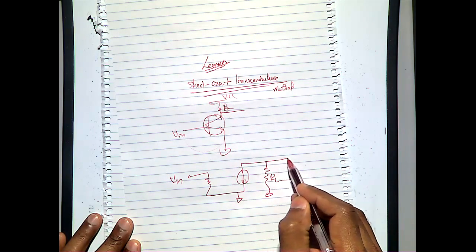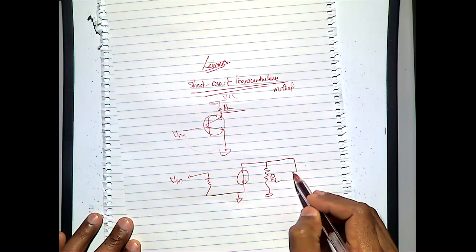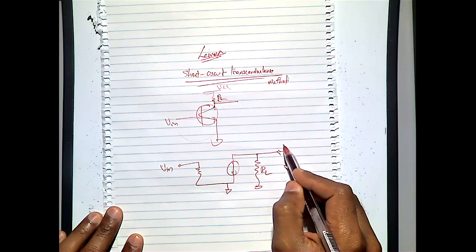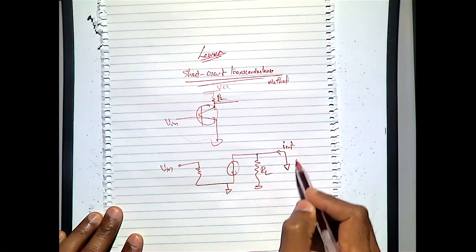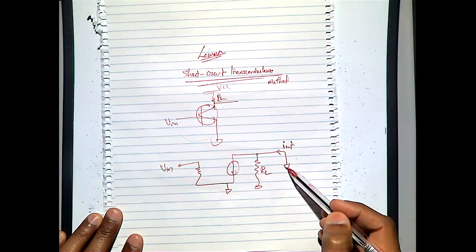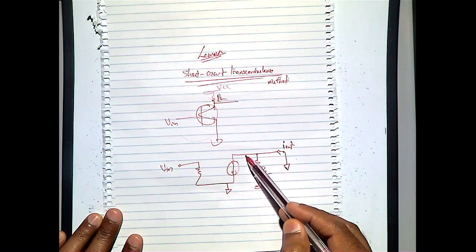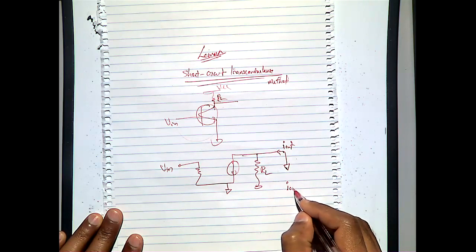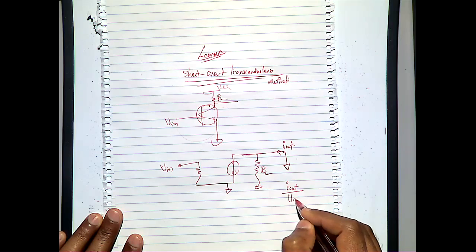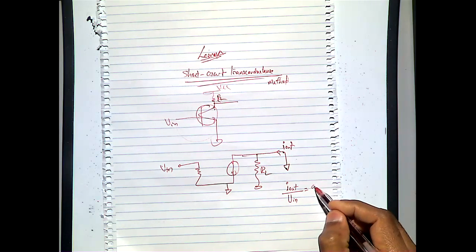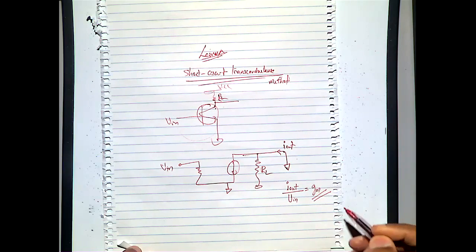Then short circuit transconductance means it will short the output, and then we assume that some current I out is going into it. You know what I meant? They short the output, assume that some current is going inside, and then find out this I out divided by V in. So what is I out by V in? Transconductance.